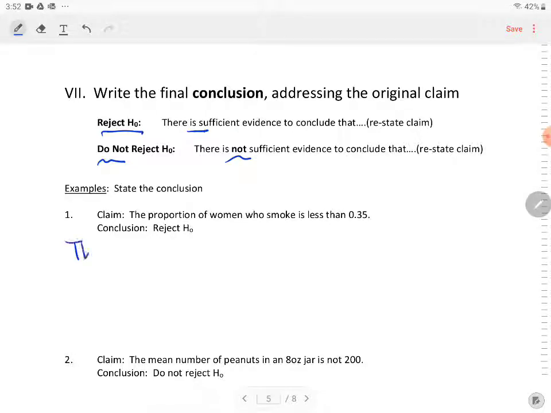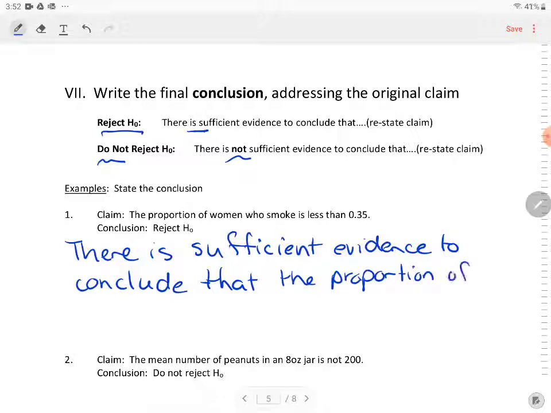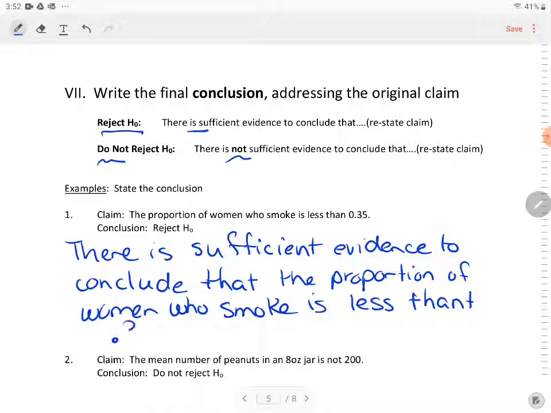So we're going to say there is sufficient evidence to conclude that. So if we reject, we always start here. Now we restate the claim: the proportion of women who smoke is less than 0.35.